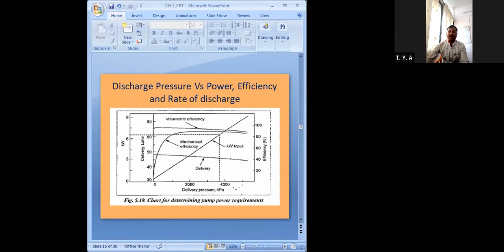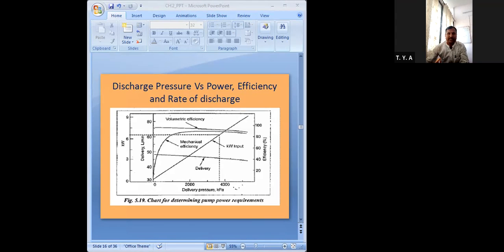This figure tells us how much power must be supplied to the pump to obtain the different rates of discharge against the different discharge pressures.